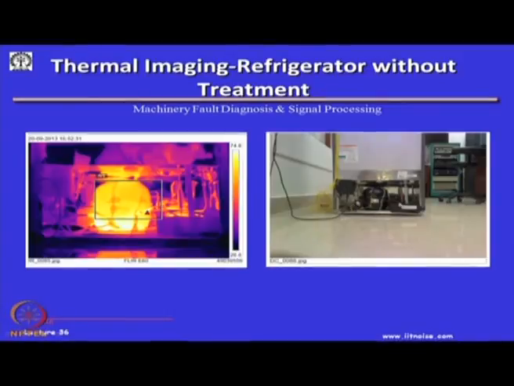And this is another example in the laboratory wherein we have a refrigerator, and this is the compressor of the refrigerator. Just to correlate, you can see these yellow cables. These are actually all thermocouples put on the compressor of the refrigerator. This is a shiny metal surface, and this is a black dull surface.